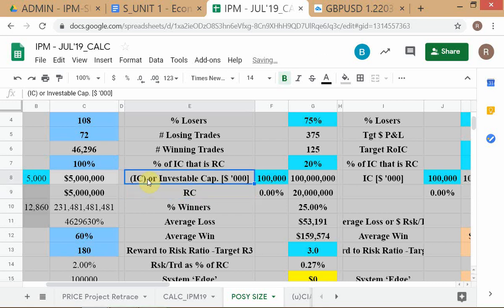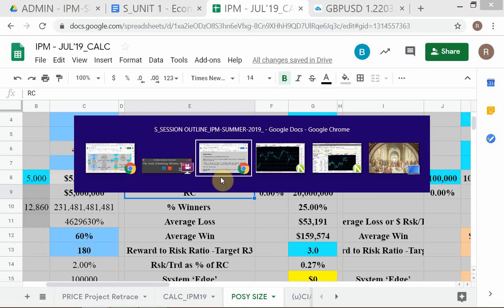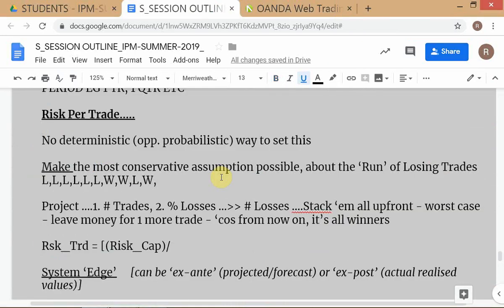So, investable versus invested capital, let me just write it here. I think I've written it somewhere else in your notes, but let me write it once again.